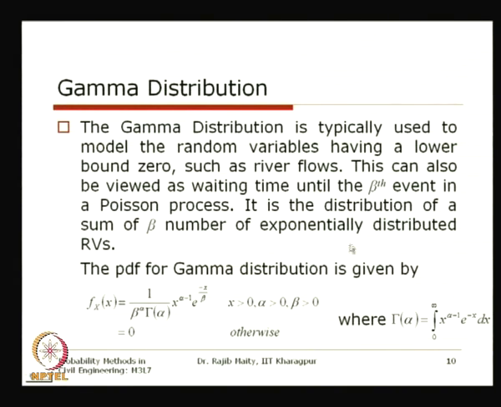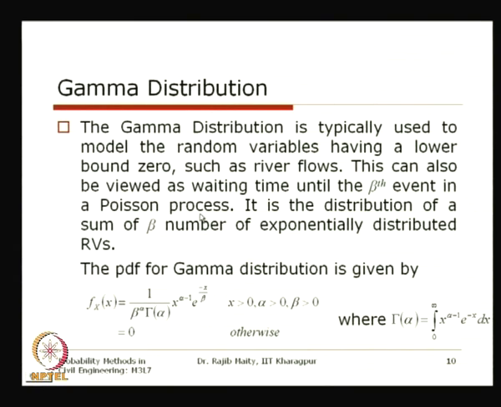Generally, random variables having a lower bound at 0, such as river flows, can be modeled using the gamma distribution, and it can also be viewed as the waiting time until the beta-th event of a Poisson process.